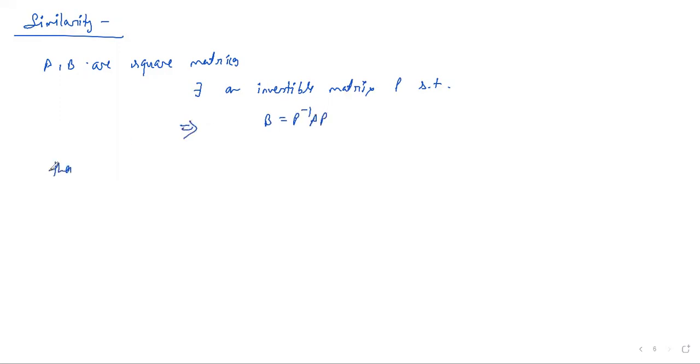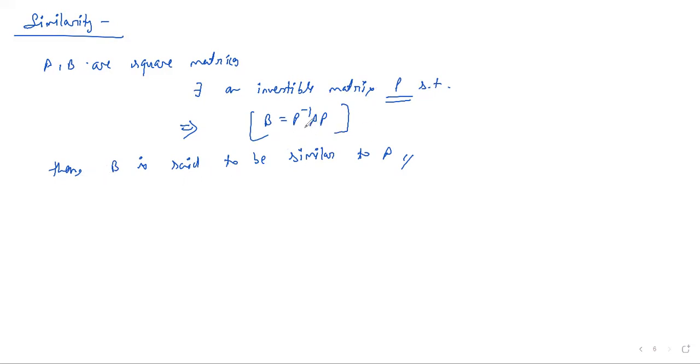Then B is said to be similar to A. So what we are saying is that we have two square matrices, A and B, and if there exists an invertible matrix P such that B equals P inverse AP, then it signifies that B is said to be similar to A.